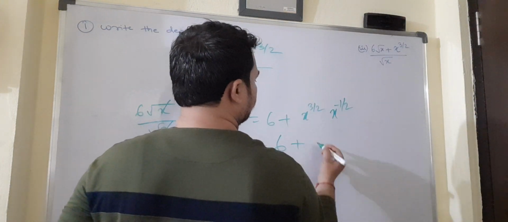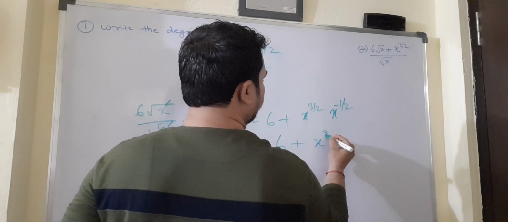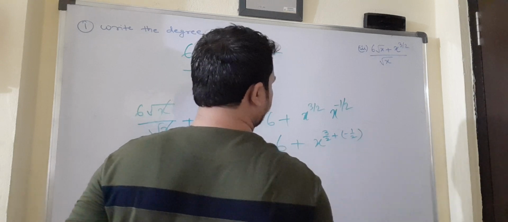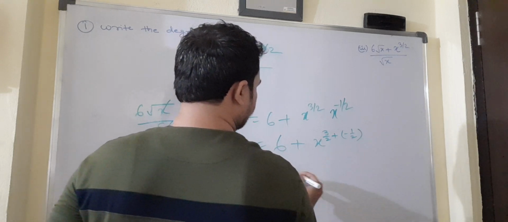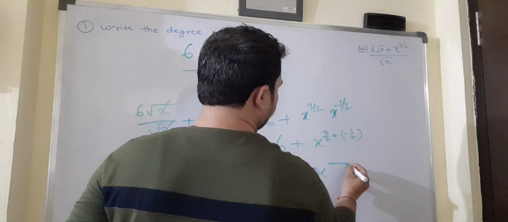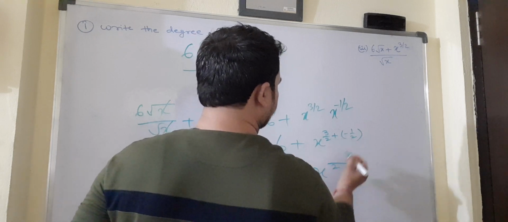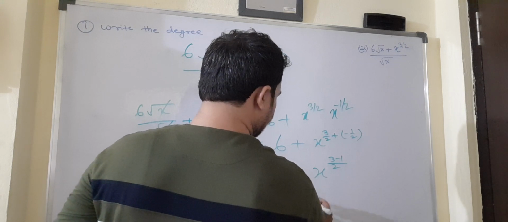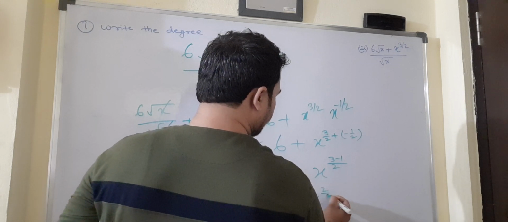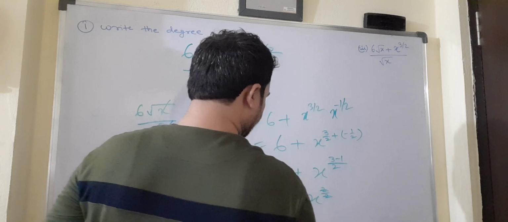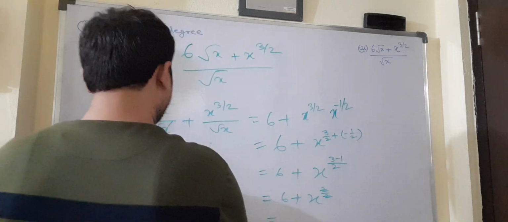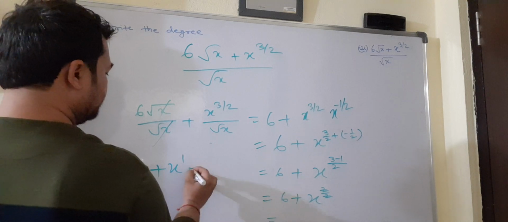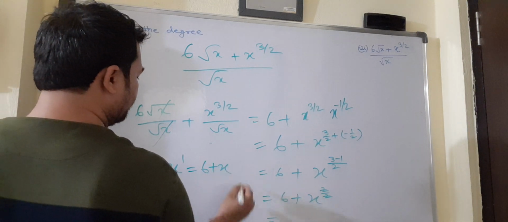Bases are the same, so exponents will add up. 3 by 2 plus minus 1 by 2: 6 plus x, the base will remain, 3 minus 1 is 2, so 6 plus x to the power 2 by 2, that is 1. 6 plus x to the power 1 is 6 plus x.